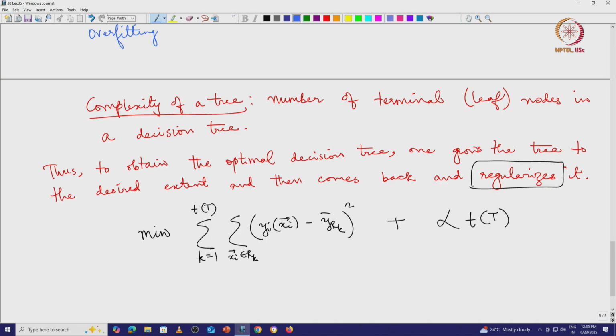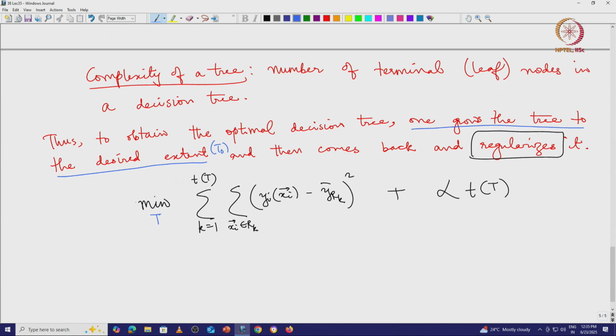Okay. So you are minimizing this over all possible subtrees that can be constructed from your original tree. So we grow the tree to the desired extent and we obtain a tree, let us say T naught, and then we choose a subset of these trees, which are subtrees, and then we see which of those subtrees is leading to better generalization.